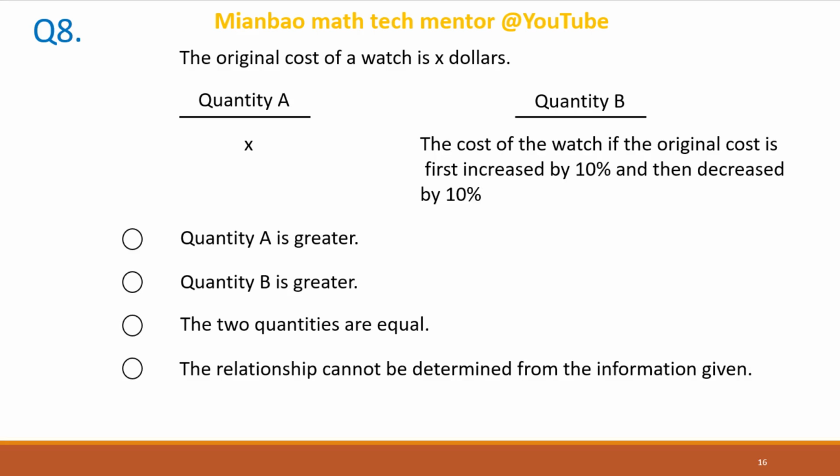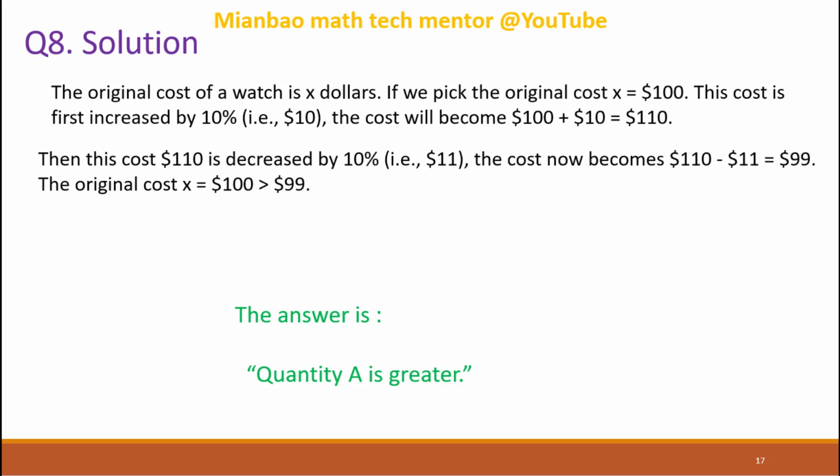Question 8. Which of the following answers is correct? Quantity A is greater, or quantity B is larger, or the two quantities A and B are equal, or the relationship cannot be determined from the information given. The original cost of a watch is X dollars. If we pick the original cost, X equals $100.